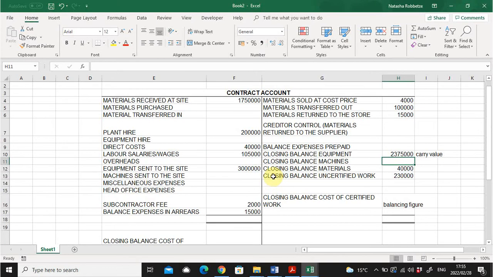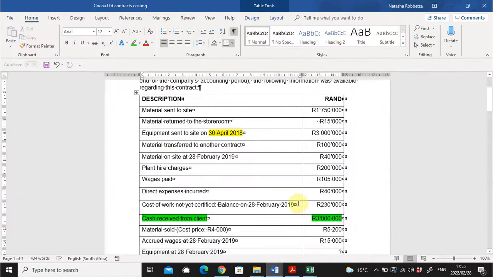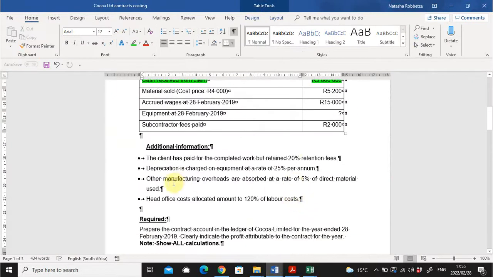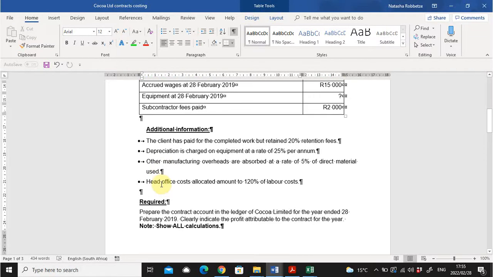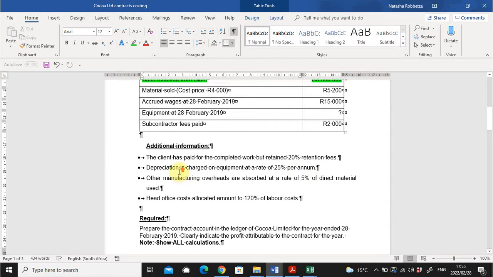Right, then what else do we have in the additional notes? It says that the overheads are absorbed at a rate of 5% of direct material used. All right. So now we need to go and see what the direct material balance would be. And then we need to calculate 5% of it because overheads is 5% of direct material used.